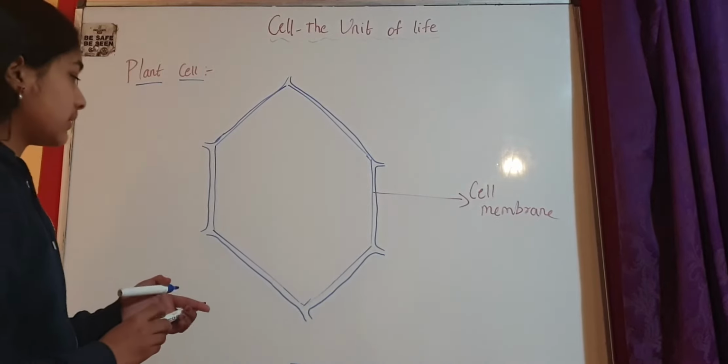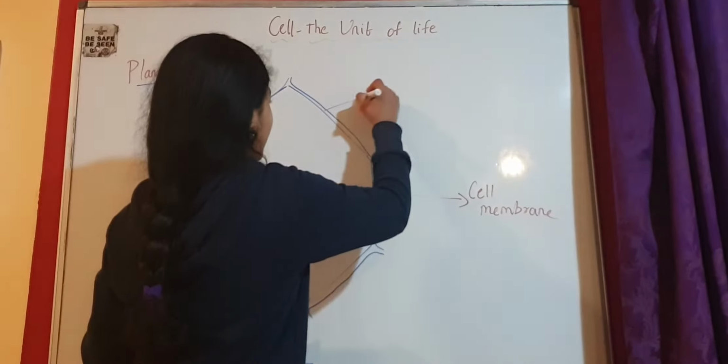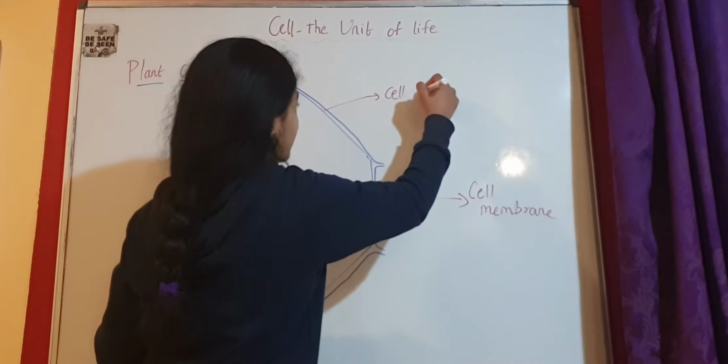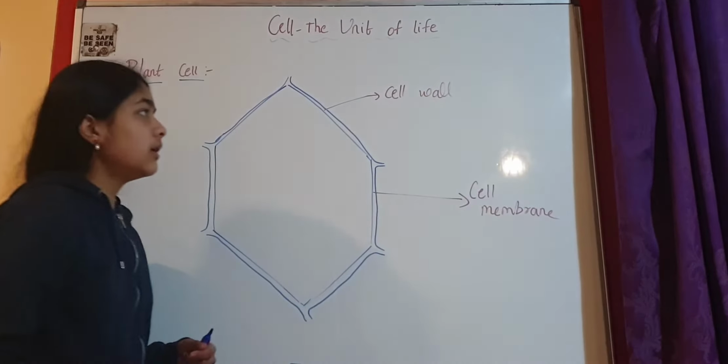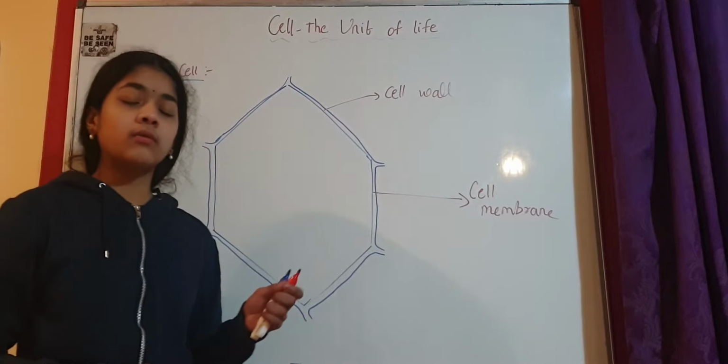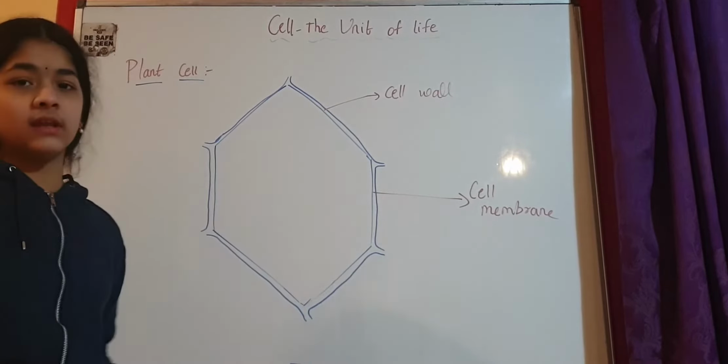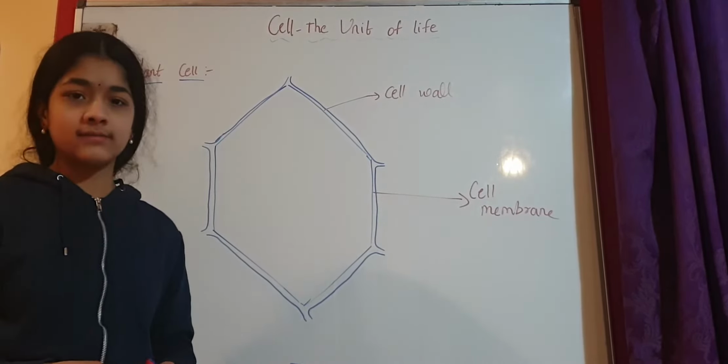And this layer that we have drawn is called the cell wall, and it's a very important characteristic of plant cells. Now when we talked about animal cells, we did not draw the cell wall. Why? Because animal cells don't have a cell wall.